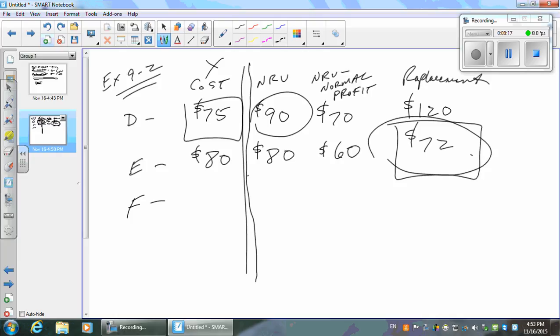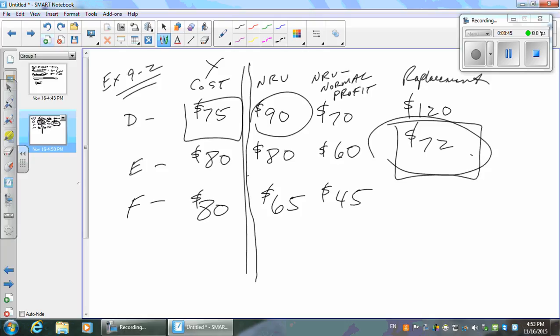Let's do another one. Selling price is 95. Oh, cost is 80 again. Selling price is 95. What do you want to take away from that? 30, right? Selling cost. What do you have? 65. Did I do it right? Then take away your normal profit of 20, what do you get? 45.